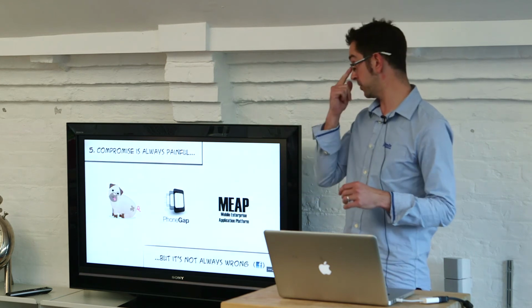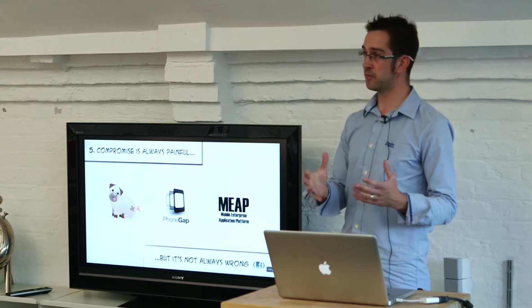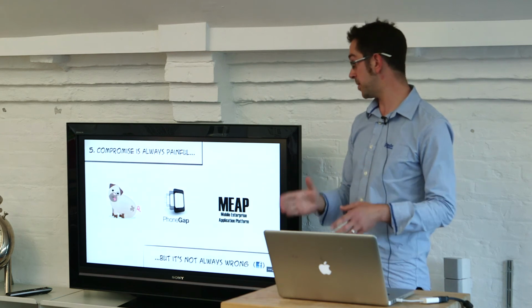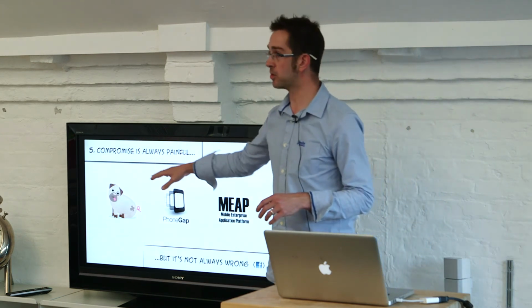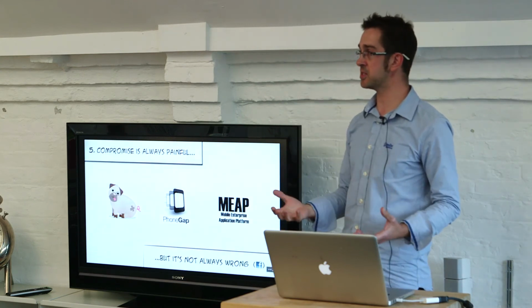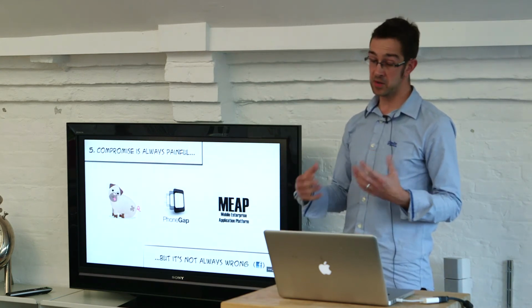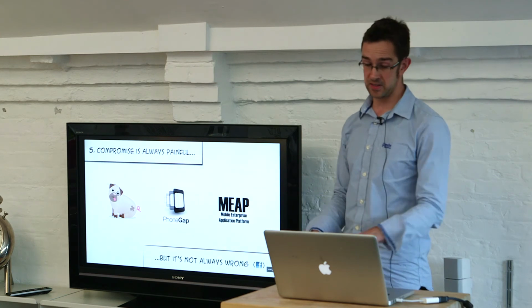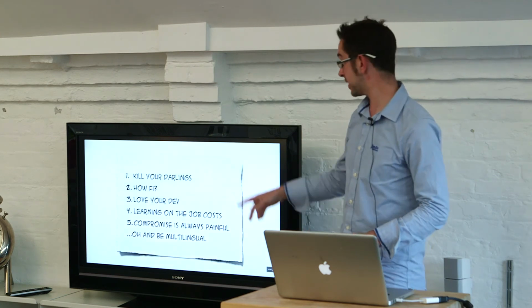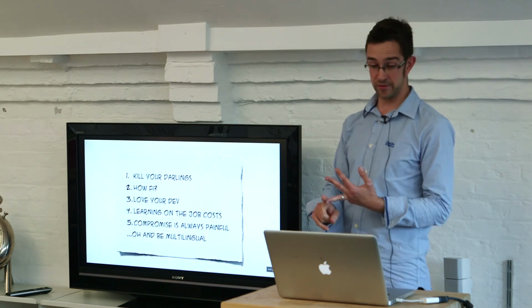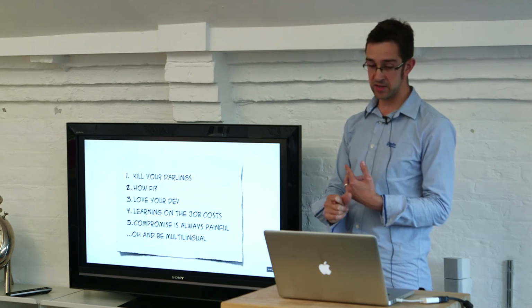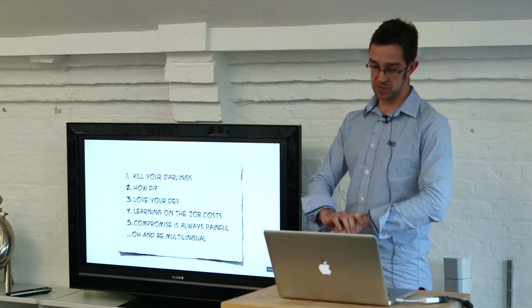I know they're rebuilding them natively now, but for a while it was definitely the right strategy for them. And I think there are definitely instances when you would pick one of these technologies and say that's a reasonable choice to make. All you need to be aware of is that it definitely does involve compromise. So kill your darlings, think about level of fidelity, love your dev. Learning on the job really costs, and compromise is always painful.